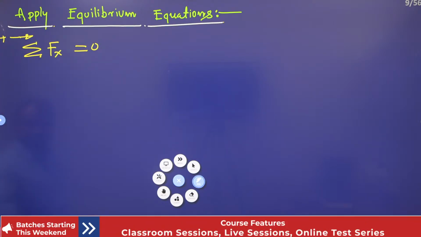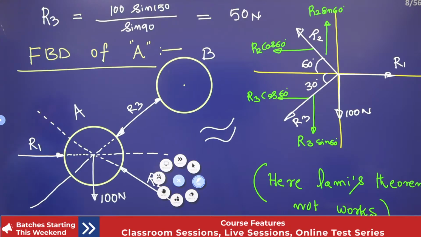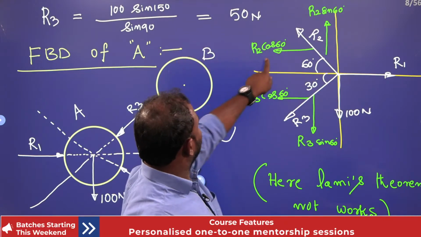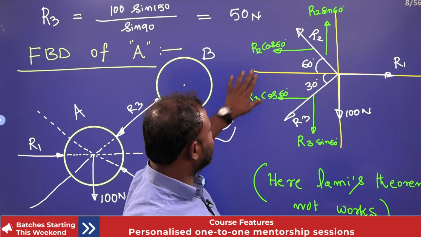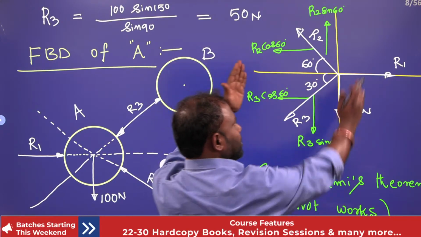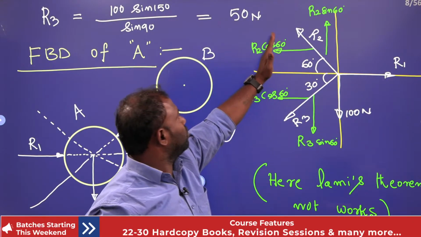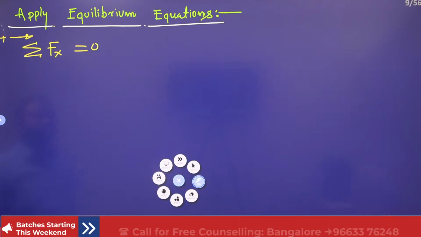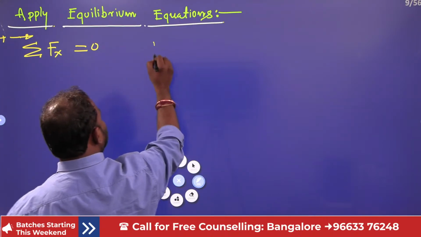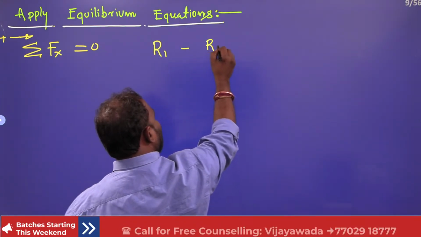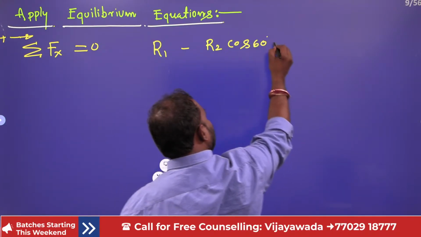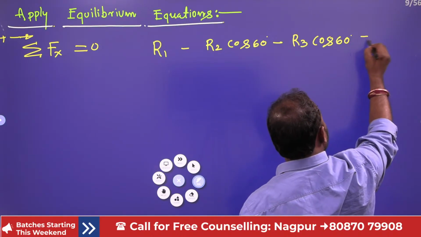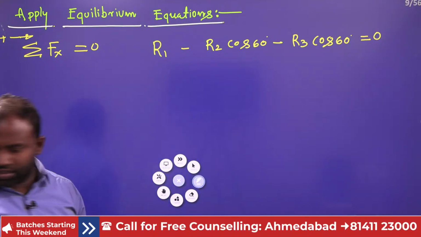Now see, what are the forward forces? R1 is in the forward direction. So R1 is positive, and R2 cos 60 and R3 cos 60 are in the other direction, so they are negative. Now R1 minus R2 cos 60 minus R3 cos 60 equals 0.